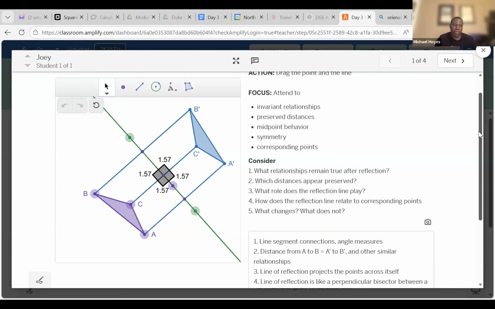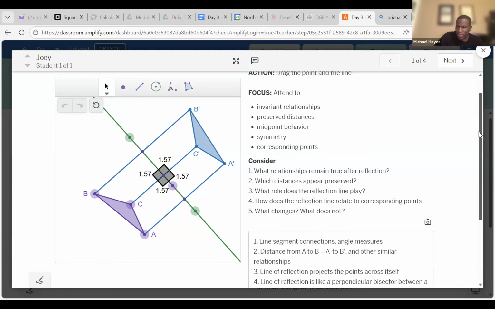These are all perpendicular, and they're such that the line of reflection is essentially a perpendicular bisector of the segment connecting your pre-image and image when you undergo the transformation of reflection. Which is nice, and we'll come back to what that does. But we noticed that reflection preserves distance and angle measure.